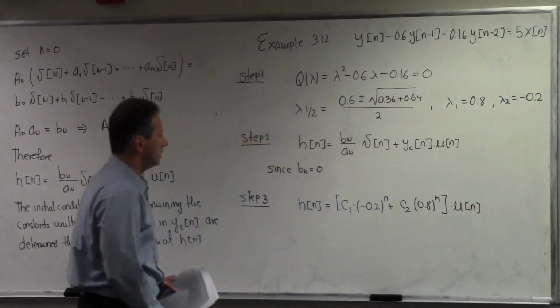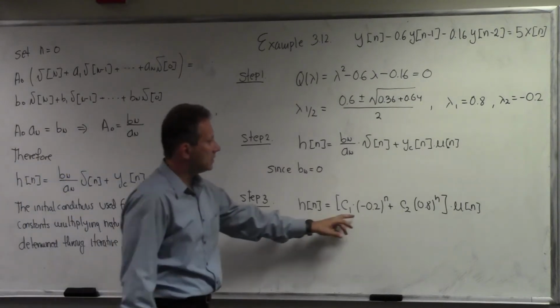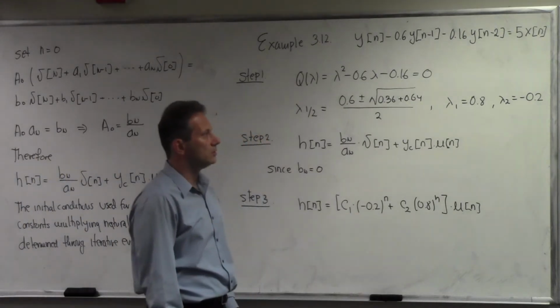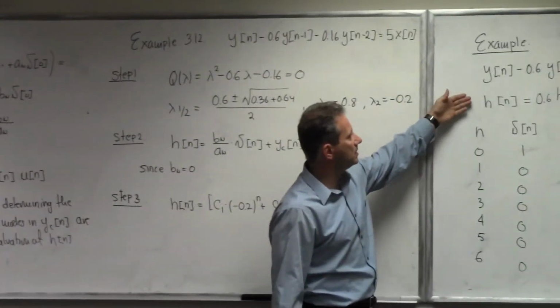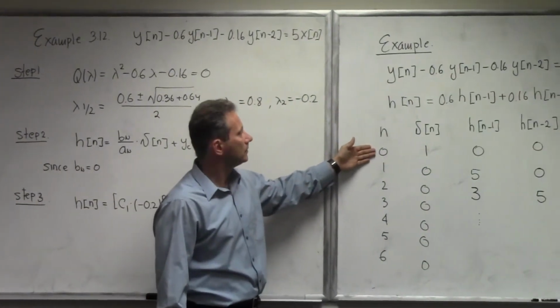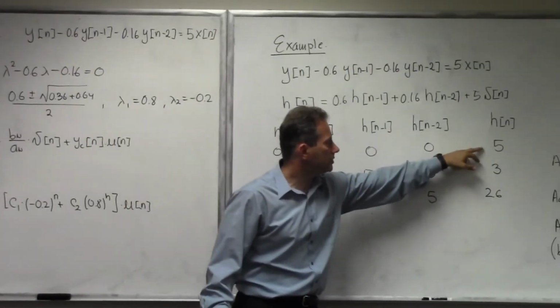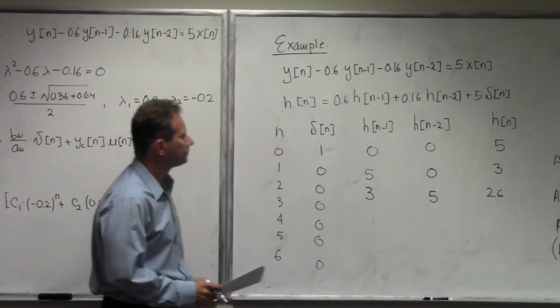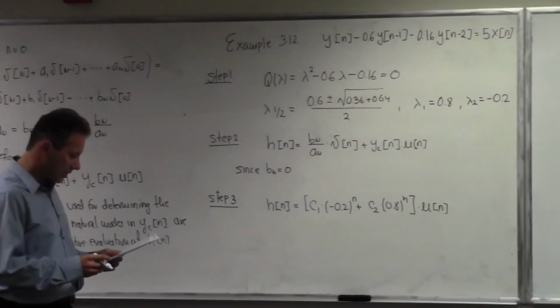So that's my form of the impulse response. I have two constants, C1 and C2, that I need to determine somehow. Since this is the same system for which I did the iterative evaluation, I have the values at H of 0 and H of 1.